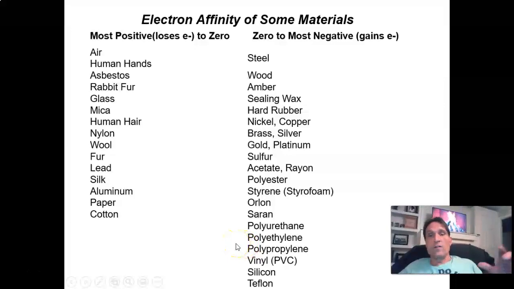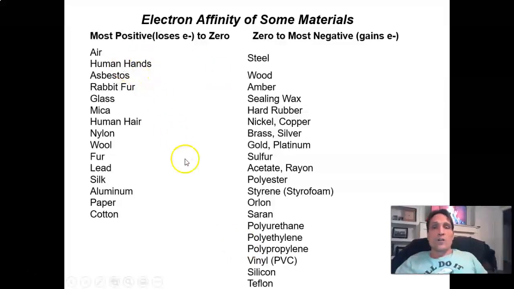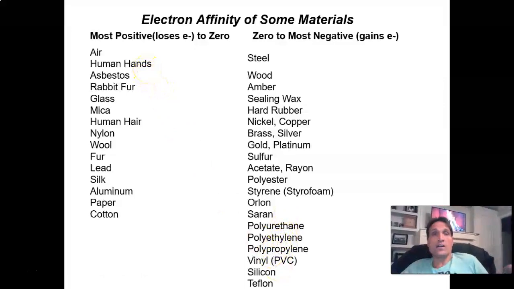And if you've ever gone down a slide and shocked a friend, which is one of my favorite activities, your hand, when you rub against most plastics, hard plastic materials, tends to give up electrons, and these plastic and vinyl materials tend to acquire electrons, and so your hand tends to acquire a positive charge, which you can use to shock your friend.